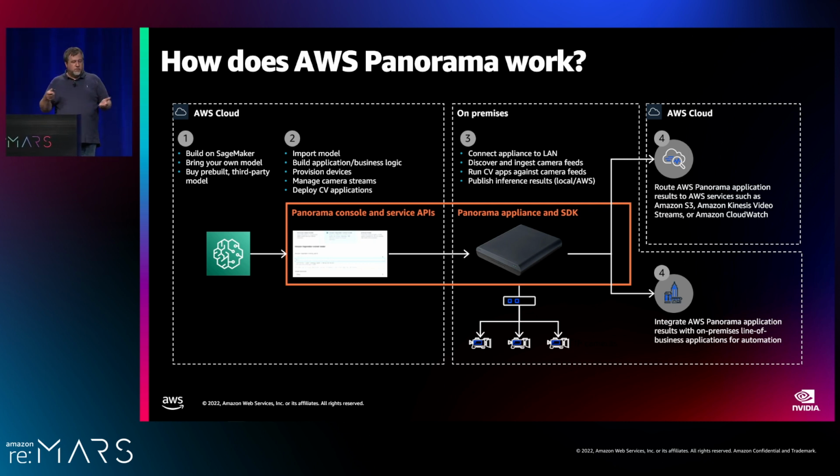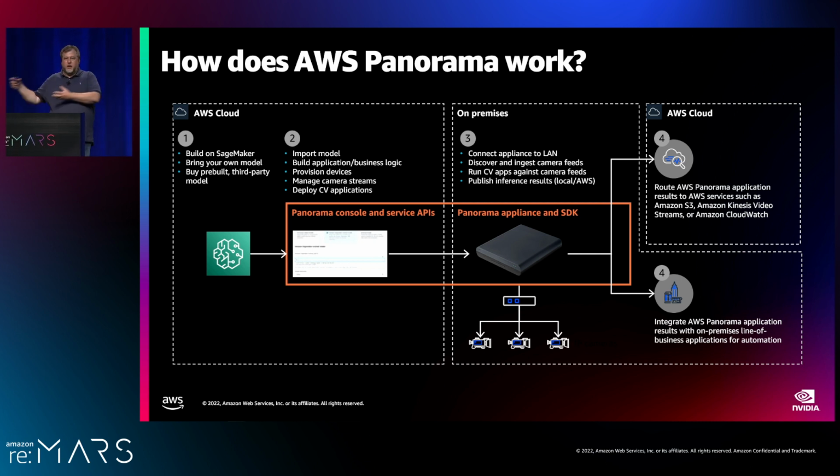And once that's ready to work, we can import our model to an application on the Panorama platform. From there, we can deploy that code and service APIs out to your edge devices. Again, you can deploy things in groups or fleets, and you don't need to worry about all of the nuances of managing the operating system. AWS will do all of that for you.